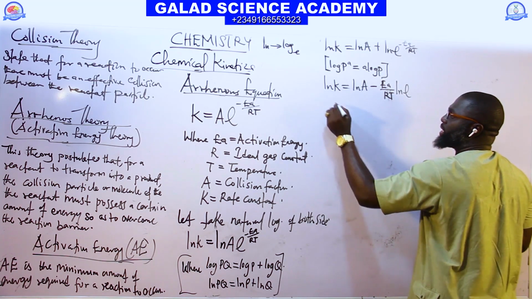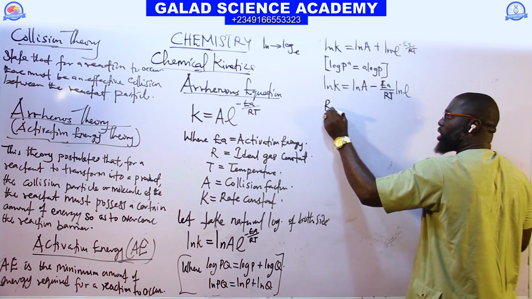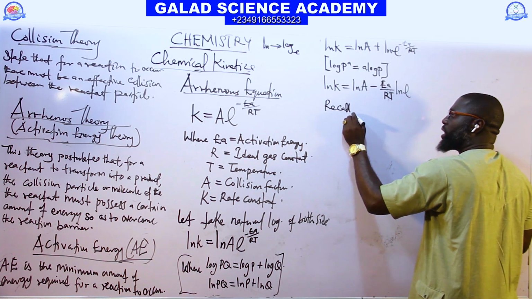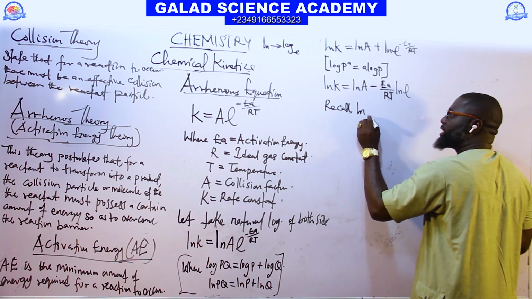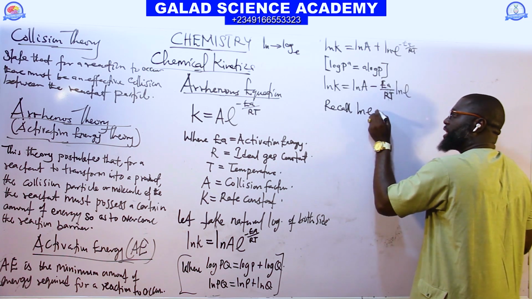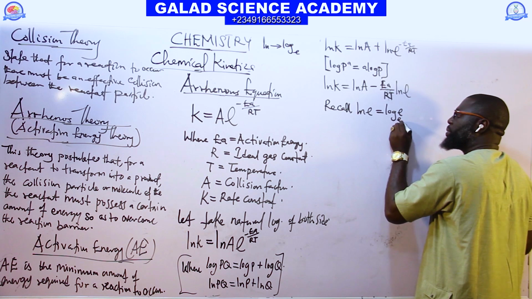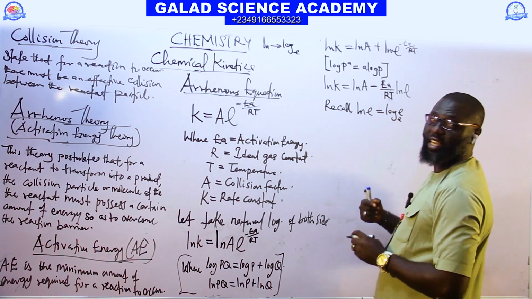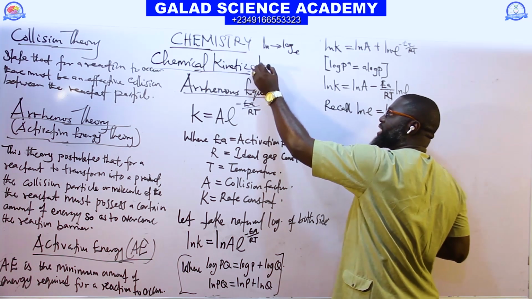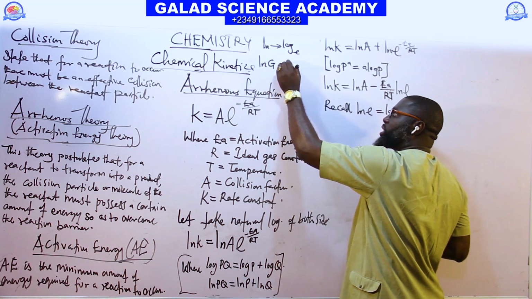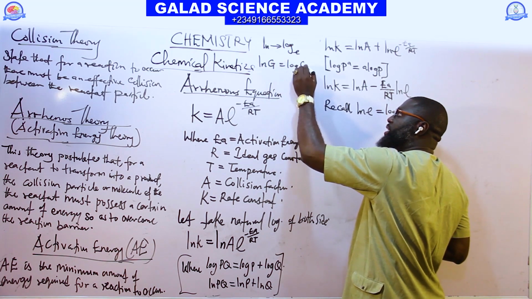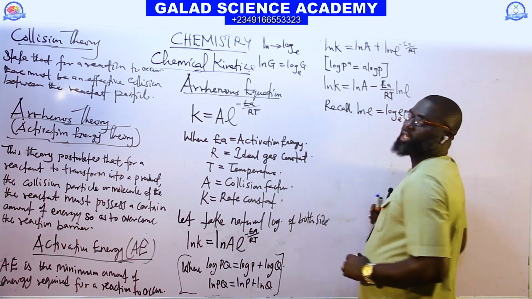From there again, ln e is the same thing as logarithm of e base e. I said we have ln of something; ln of something is logarithm of that thing base e.